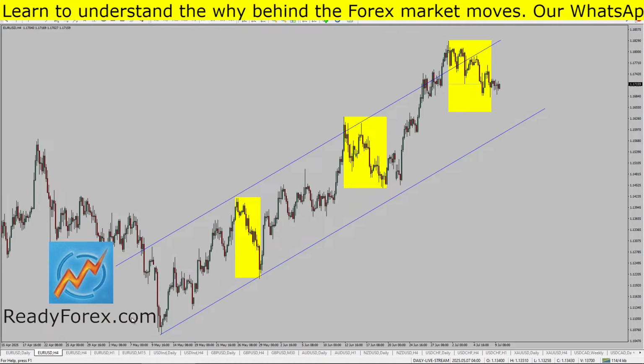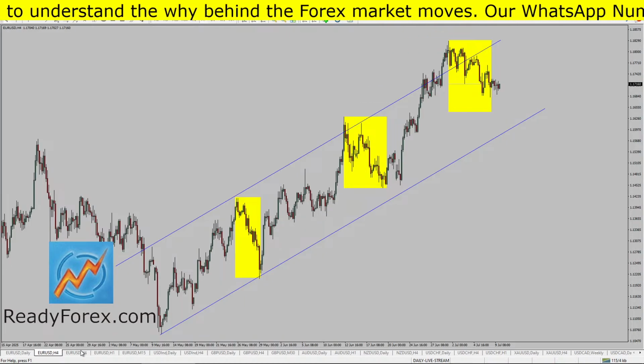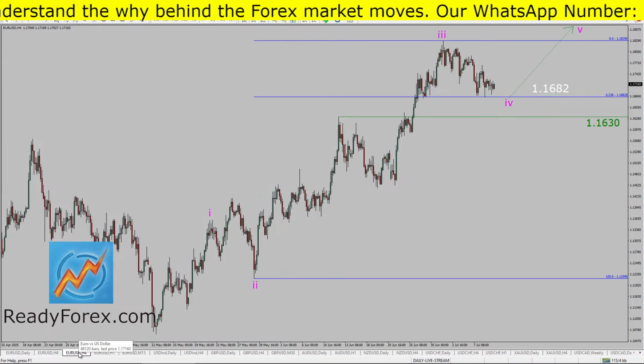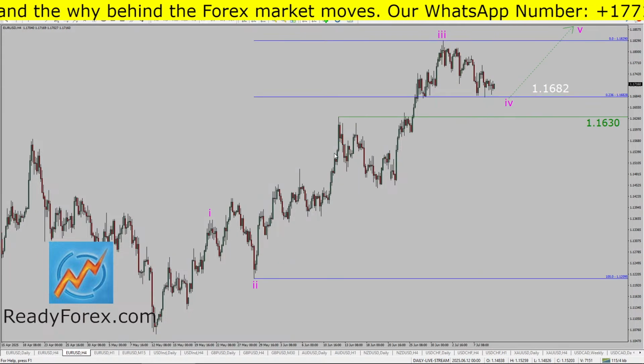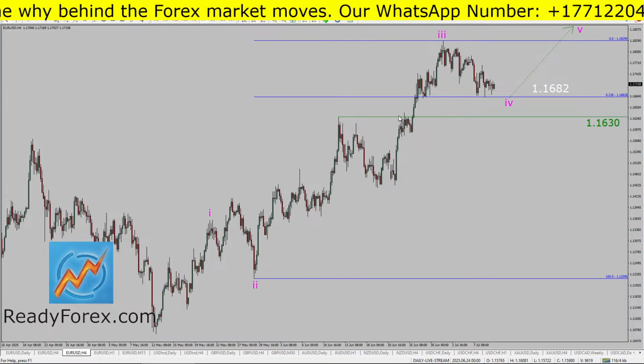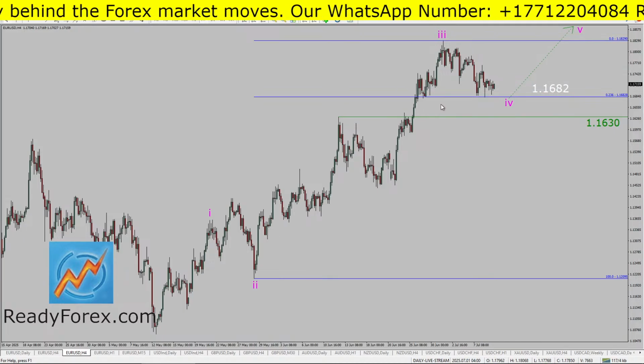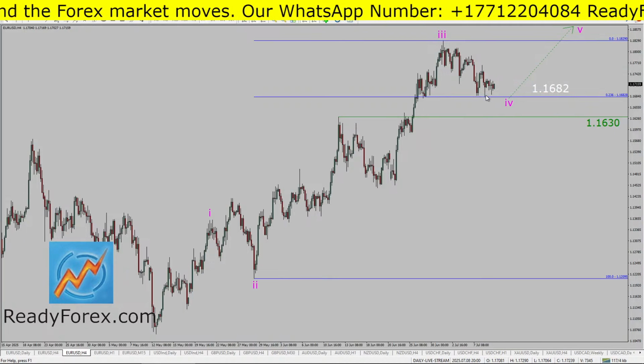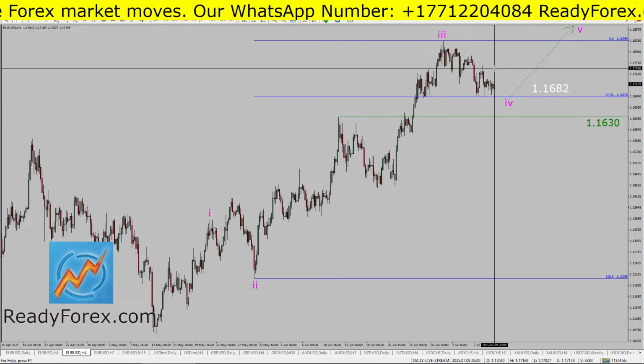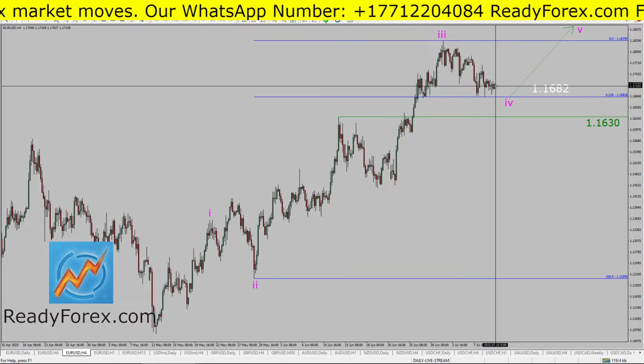Next, let me show you price action actually hitting the Fibonacci retracement level right over here at 1.1682 level, and it tried to rise up a little bit, but so far no success.